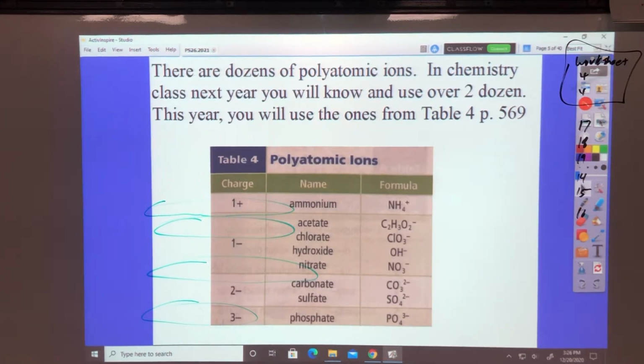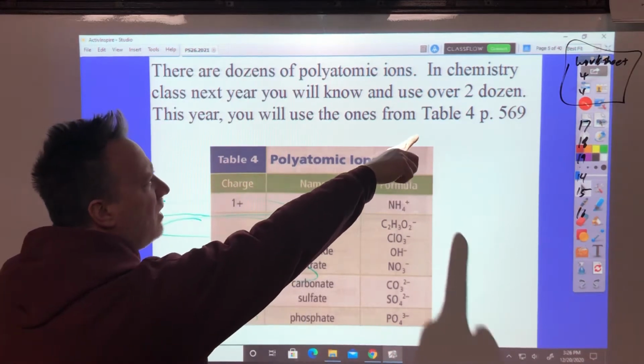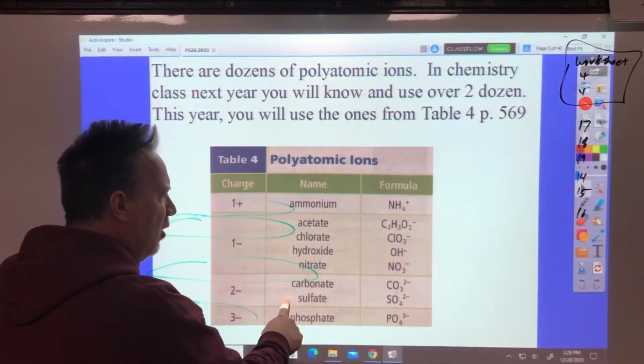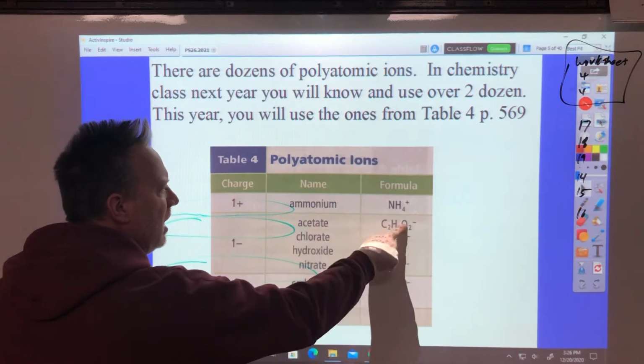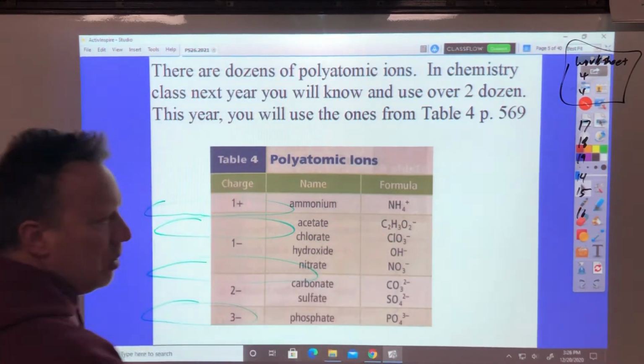This is on page 569, table 4. Sulfate is 2 minus, acetate is 1 minus. I don't remember what all else was in there, but you need this table.